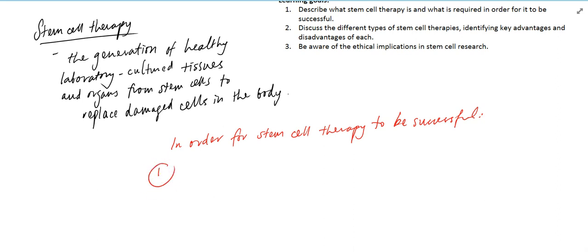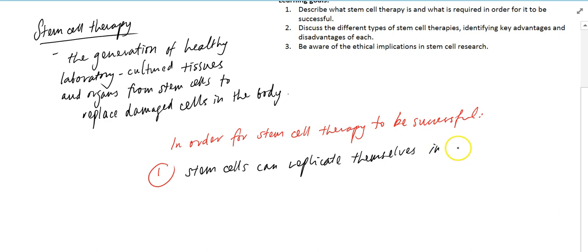The first is that we have to be able to ensure that stem cells can replicate themselves in cultures within a laboratory.